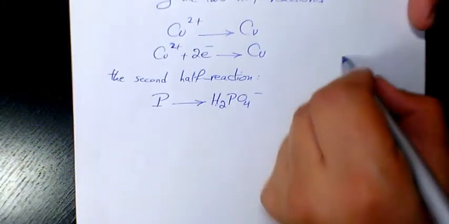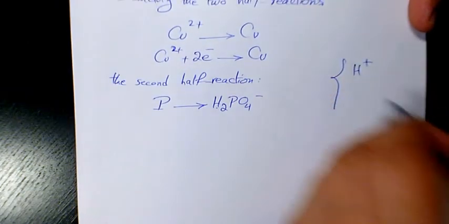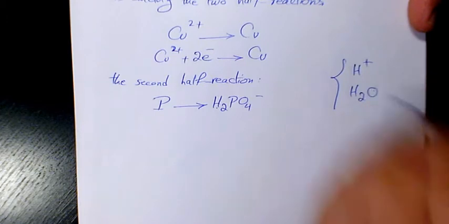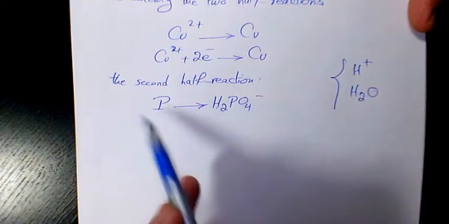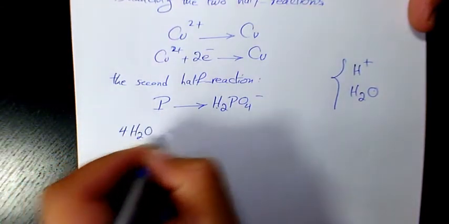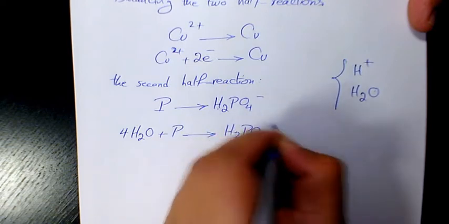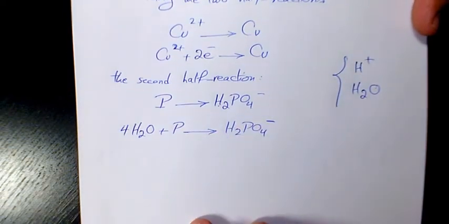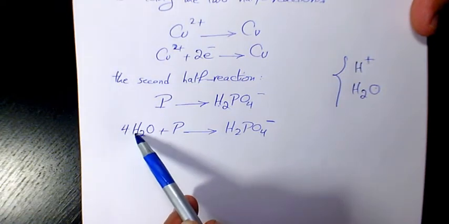We need to know that when we are dealing with acidic solution, we are able to add protons and H2O. Since we have 4 oxygen on the product side, we need to have 4 water molecules on the reactant side. So 4 H2O plus P gives H2PO4-. Now we have 4 times 2, 8 hydrogen on this side.